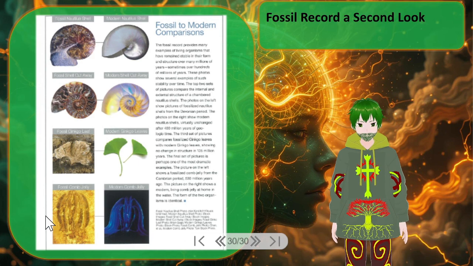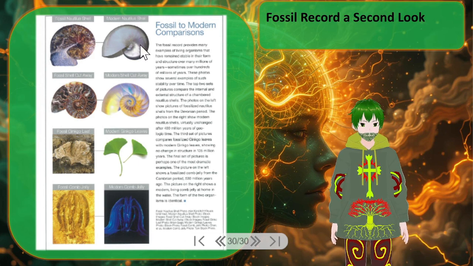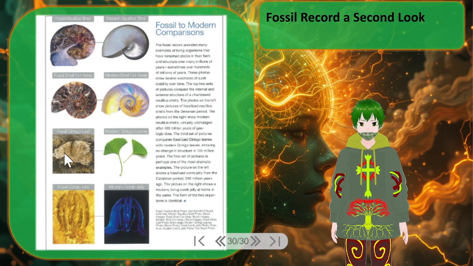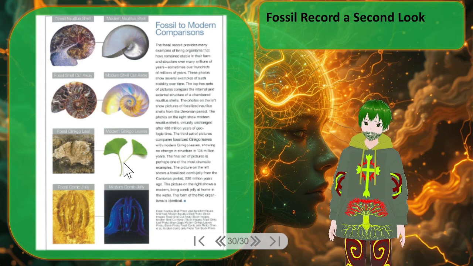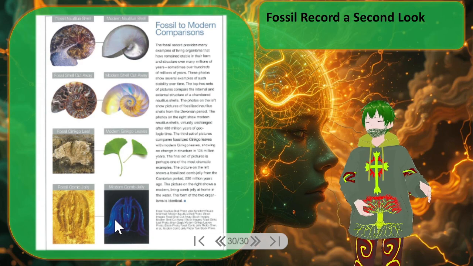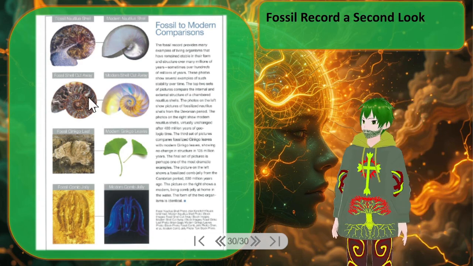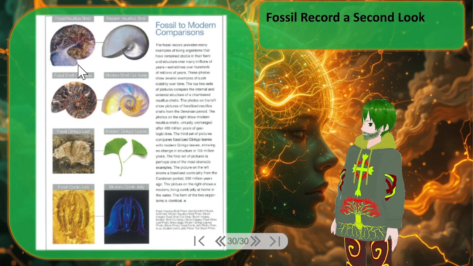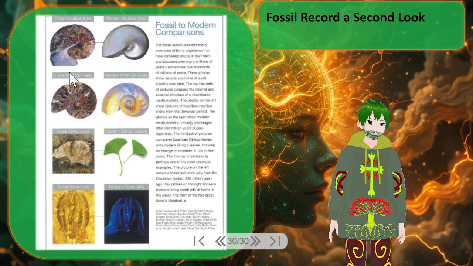The ginkgo tree, the comb jellyfish, the nautilus, sea nautilus. Okay, these types of organisms, you have the fossil and then you have the real thing today. The fossil and the real thing today. And these have remained basically identical to what they are now for tens of millions of years. Okay, really long periods of time.